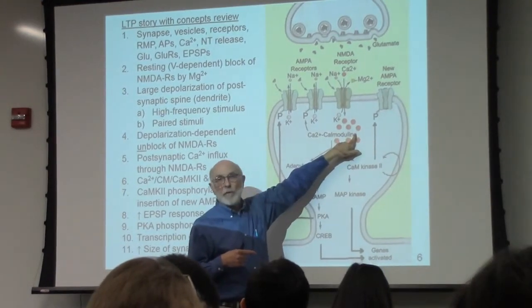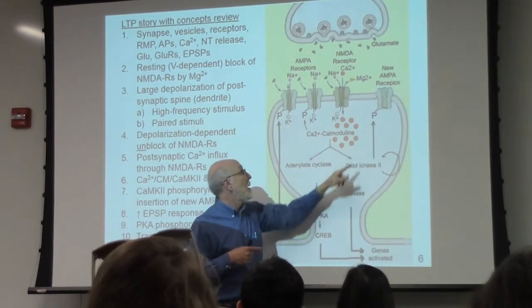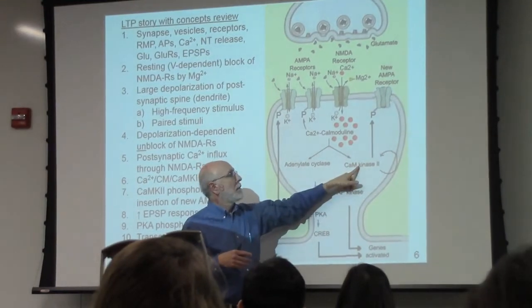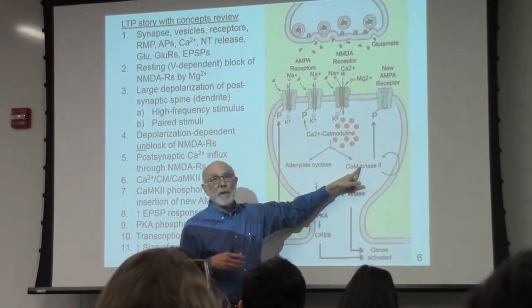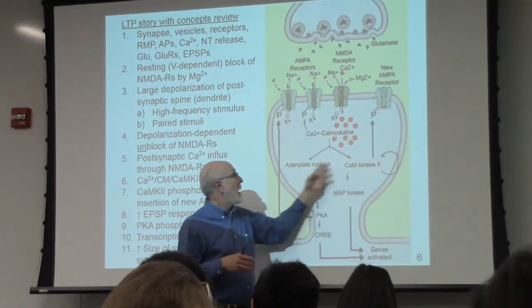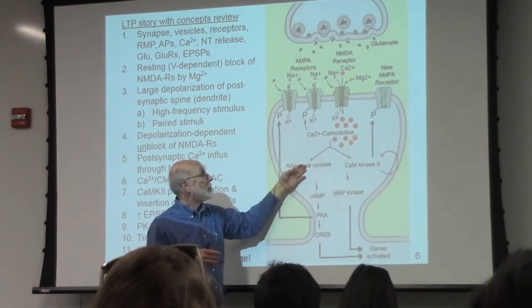I don't know where the E came from. Calcium binds to calmodulin and activates things: a calmodulin-dependent protein kinase called CAM kinase 2, calcium calmodulin kinase, and adenylyl cyclase.